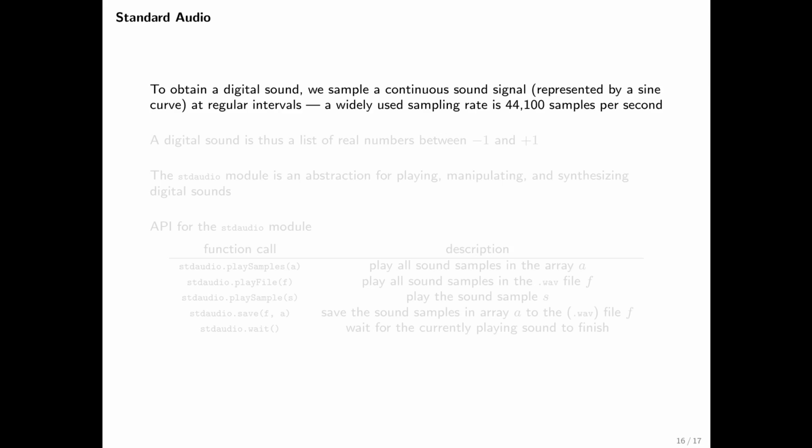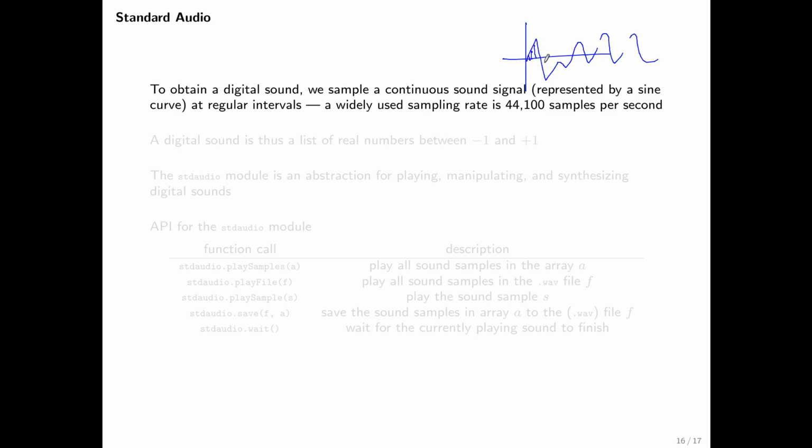Okay, so what that means is you have an analog signal representing some sound, and you want to turn it into a digital signal. So the way you do that is by sampling this analog signal. So you discretize it. Right?